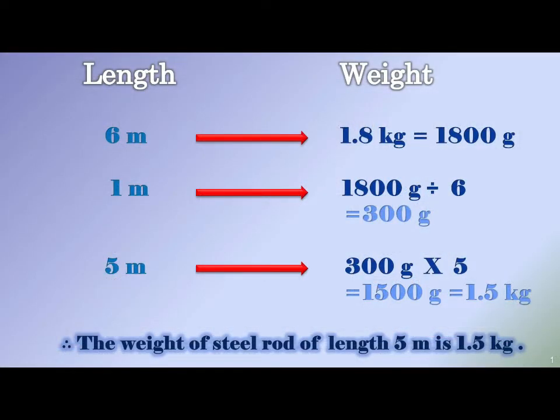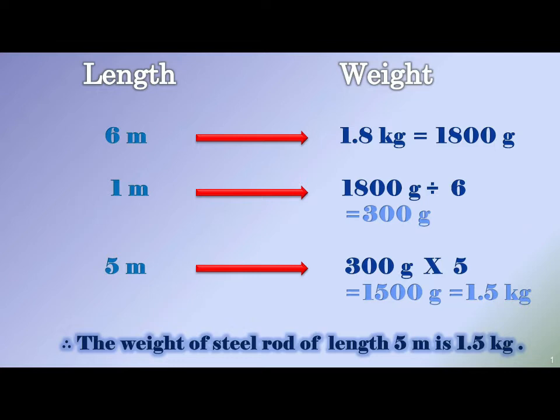Here, the two quantities are the length and the weight, and the best relationship is the weight of a steel rod of length 6 meters is 1.8 kilograms or 1800 grams. Next, to find the weight of a steel rod of length 1 meter, you should divide 1800 grams by 6.